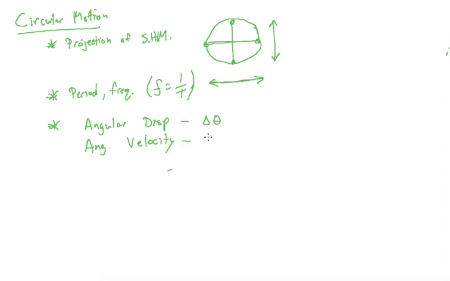This is the rotational equivalent of regular velocity, and we represent it with omega, the Greek letter omega, not a W, but an omega. And then there's also angular acceleration, which we're not really going to talk too much about right this moment, but we will maybe later. That is alpha, the Greek letter alpha. And we can do a little chart here that shows us the relationships between them.